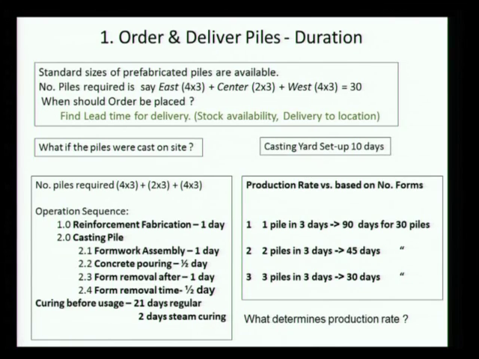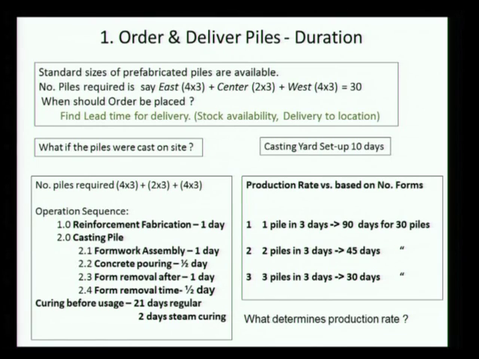Then I might decide I want to cure it for 21 days before I actually use it. I have to allow the concrete to gain strength. If I wanted it to gain strength rapidly, I could use steam curing. So it depends.